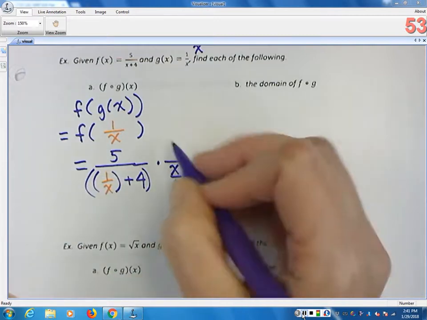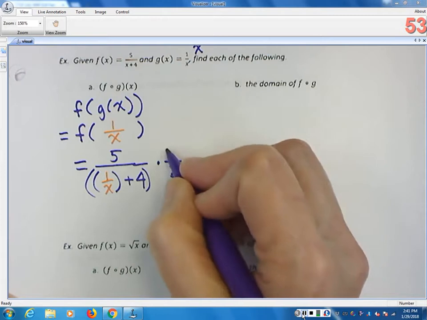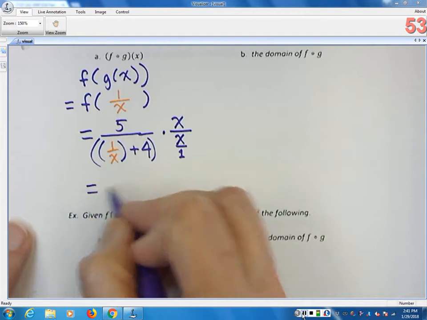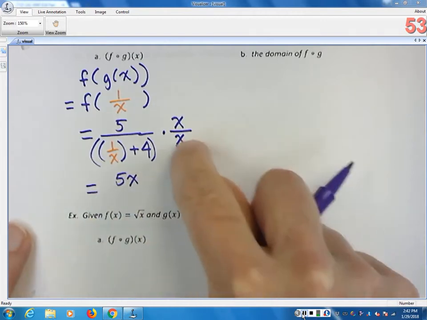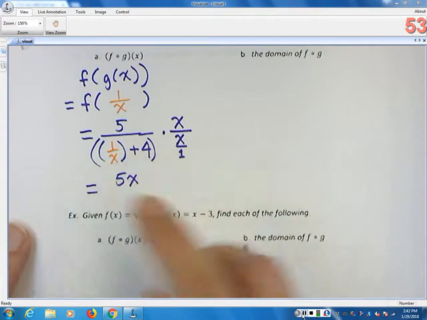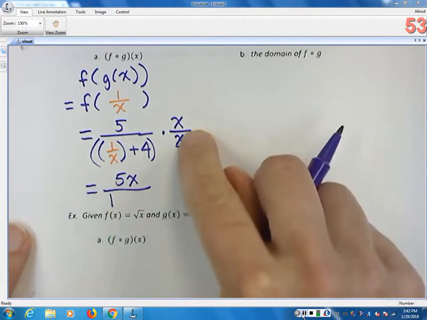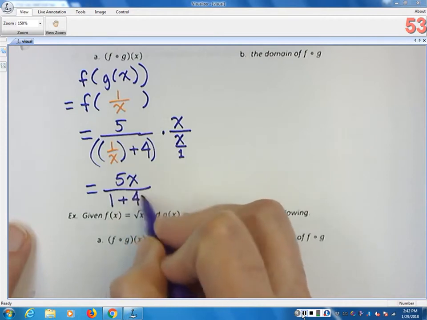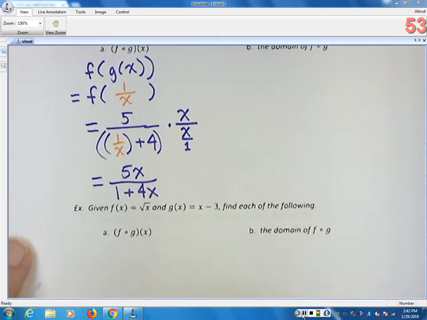And if we're going to multiply the denominator by x, we're multiplying the numerator by x too. And so you get 5x, and x over 1 times 1 over x is 1, and x times 4 is 4x. And this is your simplified f composite g of x.